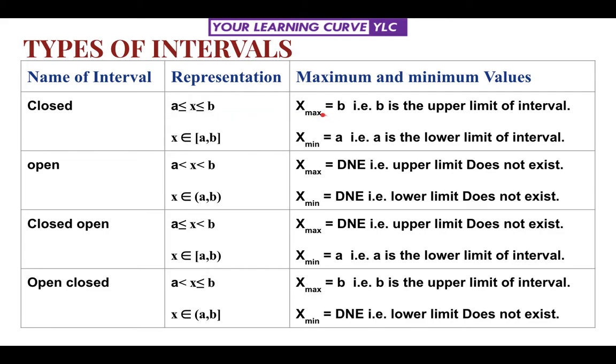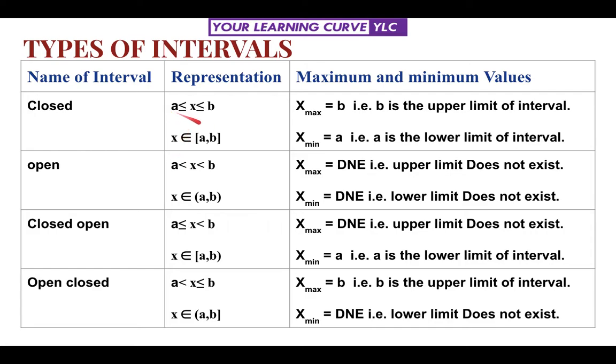Here the maximum value of x can be b, that is, the upper limit of the interval is b. x cannot exceed b. The minimum value of the variable is a. x cannot go less than a. If we want to write this in interval form, what do we write?